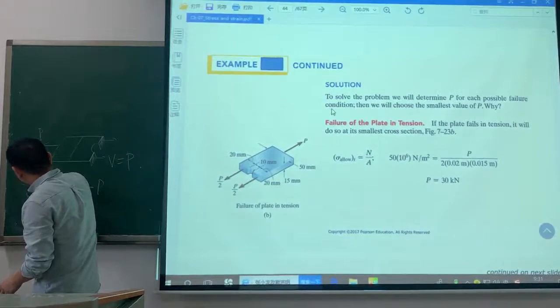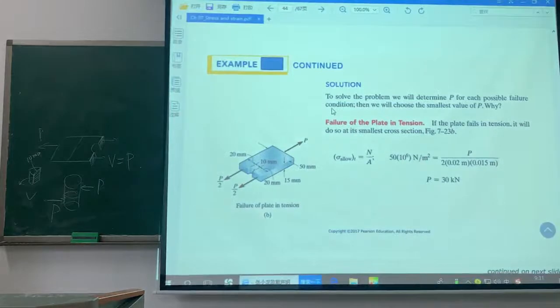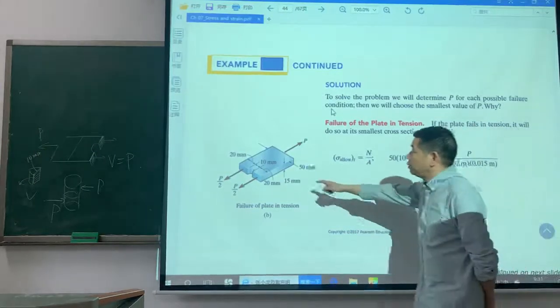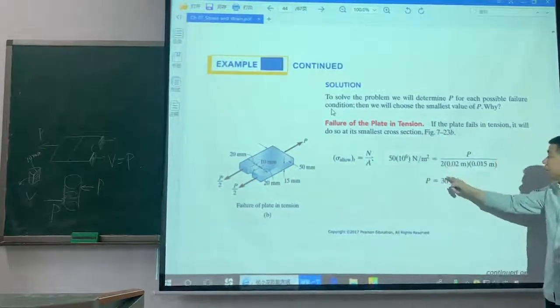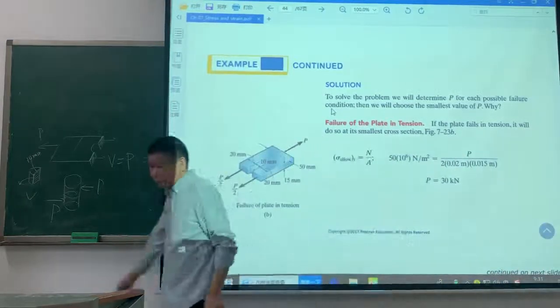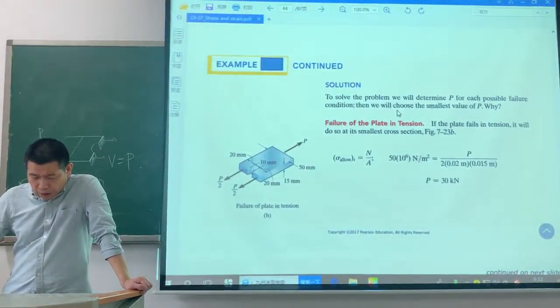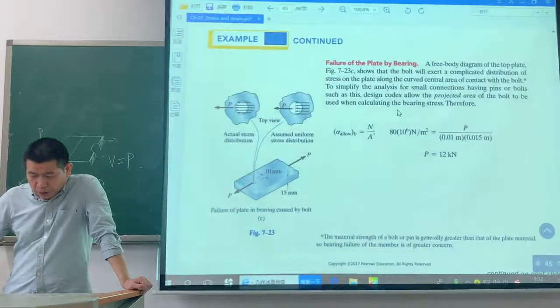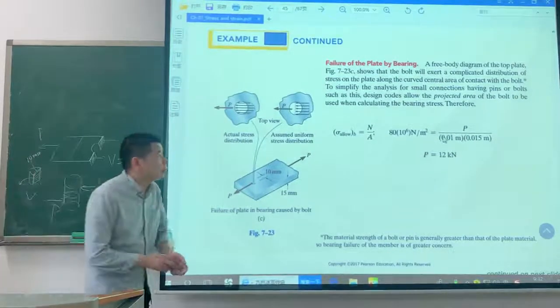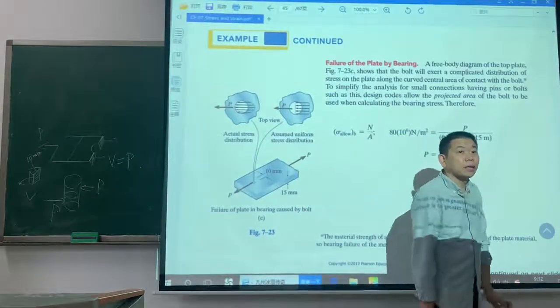The thickness of the blade is 15 millimeter. So the area is the diameter 10 times 15 millimeter square.